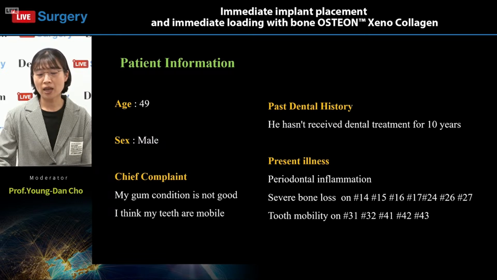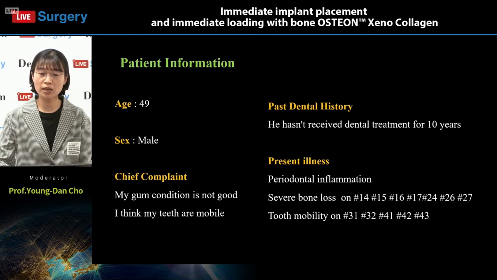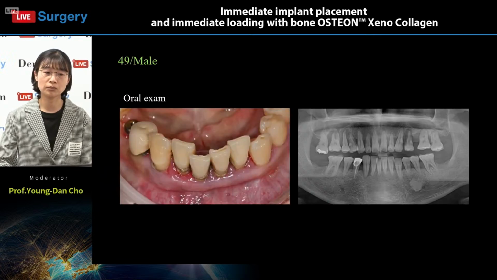He didn't have any dental treatment for 10 years. The present illness is periodontal inflammation and severe bone loss on the premolar side. He also has tooth mobility on the lower anteriors.